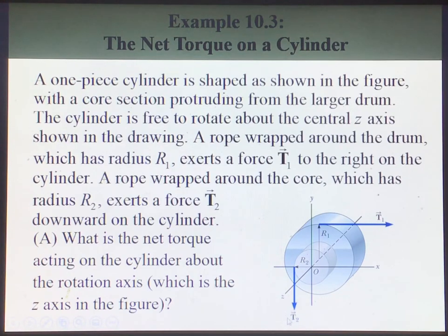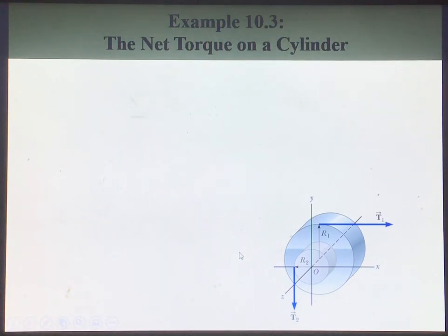Meanwhile, T2 is going to produce a counterclockwise torque that is pointing in this counterclockwise direction. So when I calculate the net torque, it's just given by R2 times T2 minus R1 times T1. Again, the reason why this is negative is because T1 is going to produce a torque that is pointing in the clockwise direction.